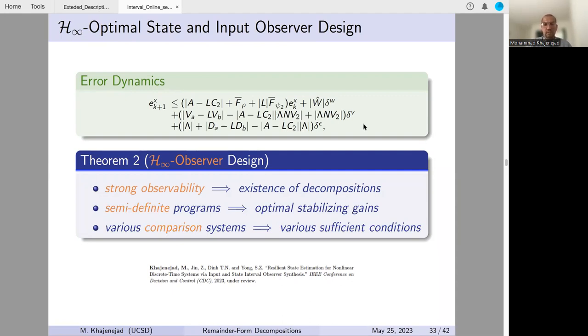So this has been a very recent submission to CDC. We did it for discrete time systems, and we are on our way to do it for continuous systems as well. And I was honored to collaborate with Tak, who is usually here, one of the audience members in this seminar series, in this work.